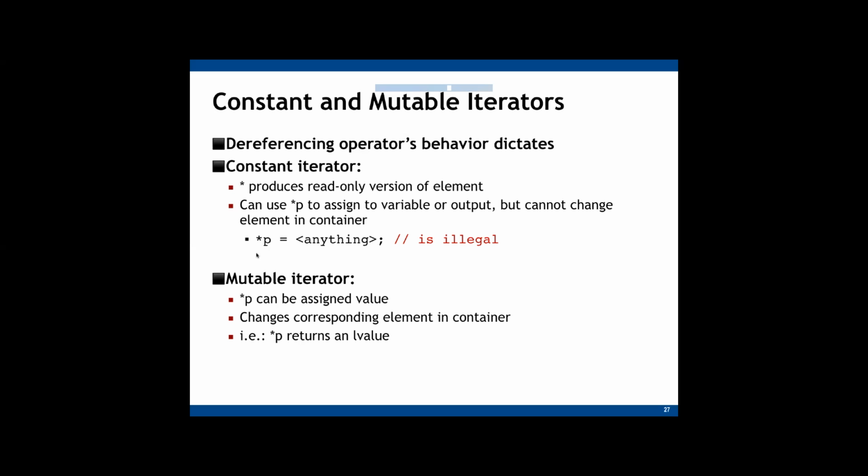On the other hand, with the mutable iterator, you can update the element using the dereferencing operator. That is the difference between constant and mutable iterators.